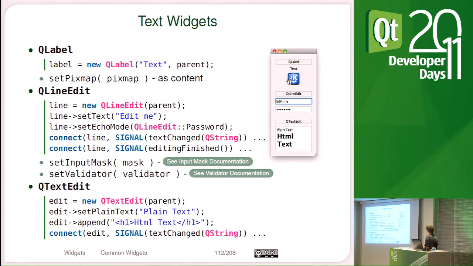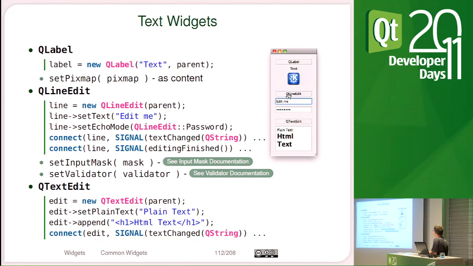A line edit is an input field for a text which can look like this here. We have a single line edit for entering text, or for some specific purposes we can enter a password and we can tell the line edit to set the echo mode so that the user cannot see the text he types in.